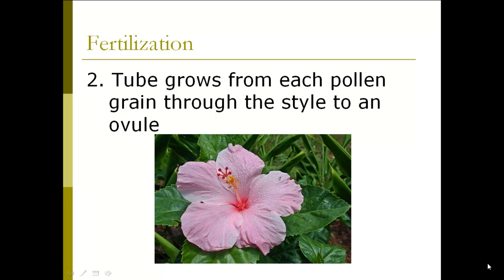Once the pollen is relocated to the stigma, a tube grows from each pollen grain through the style to an ovule. So the stigma are those little red dots at the top of the flower, and it would grow through the stigma all the way down through the style, which is the large base part of the flower, to an ovule.